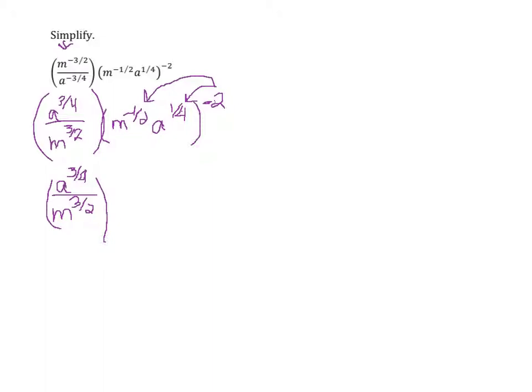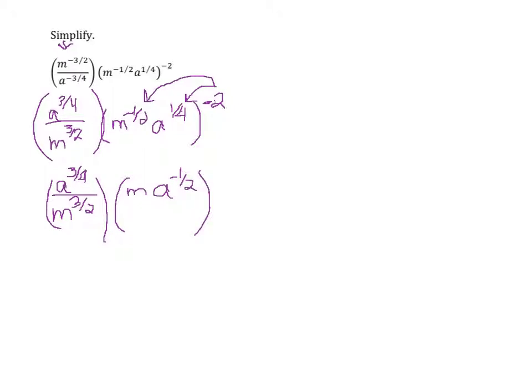Well, negative 1/2 times a negative 2 is a positive 2/2, or 1. So I'm left with just m. A to the 1/4 times a negative 2 is a to the negative 2/4, or a to the negative 1/2 power.